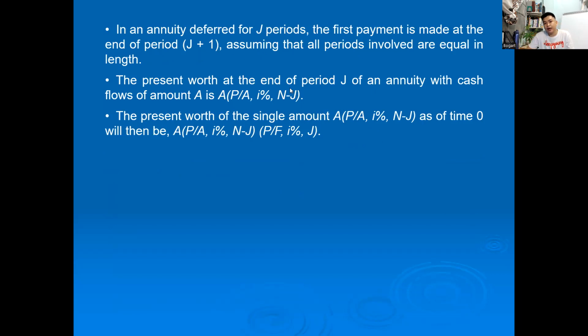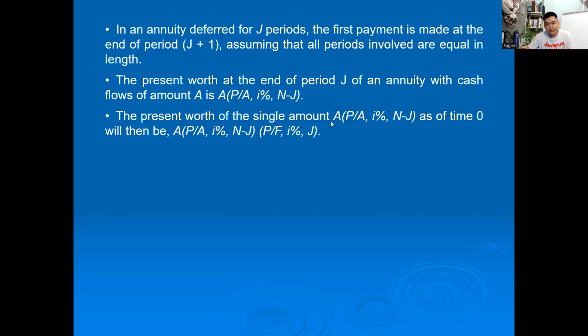The present worth at the end of period J of annuity with cash flows of amount A is A, finding P given A with interest I, and the year is N minus J. Take note, mahalaga tong N minus J, class. Papakita ko later.